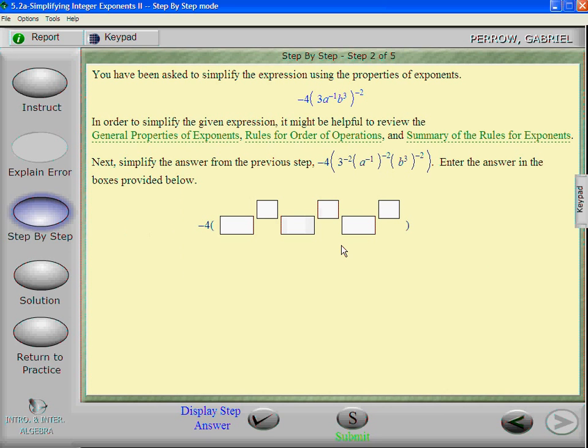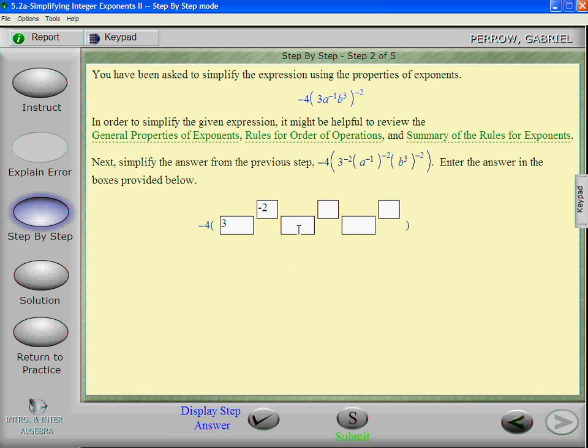Okay. And then they want you to multiply those powers if they're not already figured out. The first one's already figured out as 3 to the negative 2. And notice how we haven't done anything to the negative 4 out front. Remember, you're not going to touch that when you deal with these powers initially because it wasn't inside the parentheses.